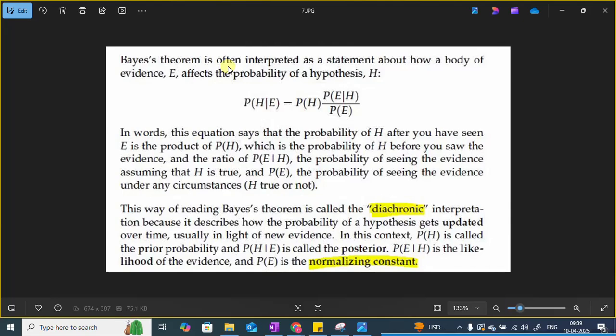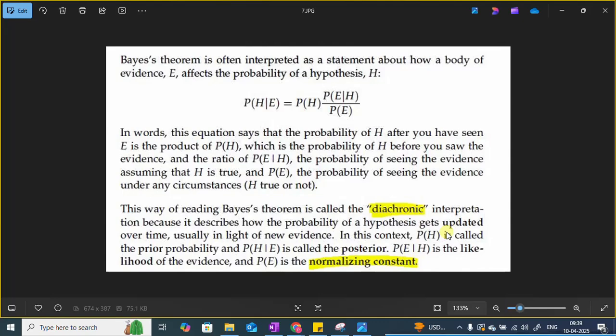According to Bayes' theorem, it is often interpreted as a statement about how a body of evidence E affects the probability of a hypothesis, that is H. In words, this equation says that the probability of H after you have seen E is the product of probability of H, which is the probability of H before you saw the evidence, and the ratio of probability of E given H, the probability of seeing the evidence assuming that H is true, and probability of E, the probability of seeing the evidence under any circumstances, H true or not.